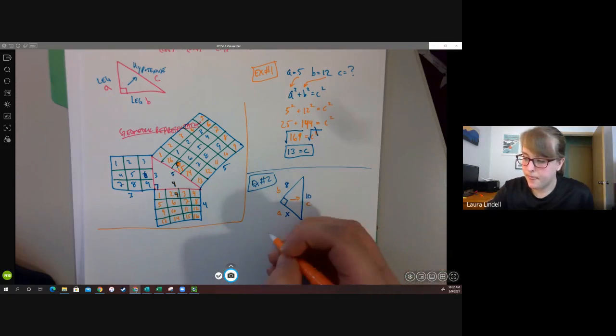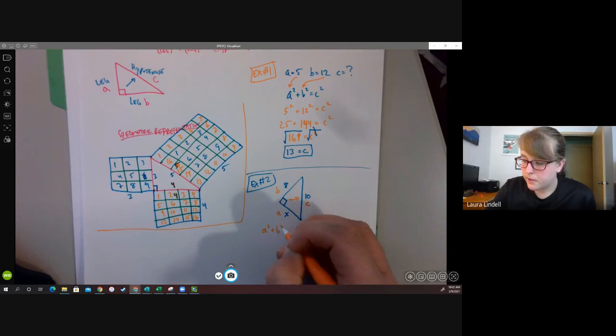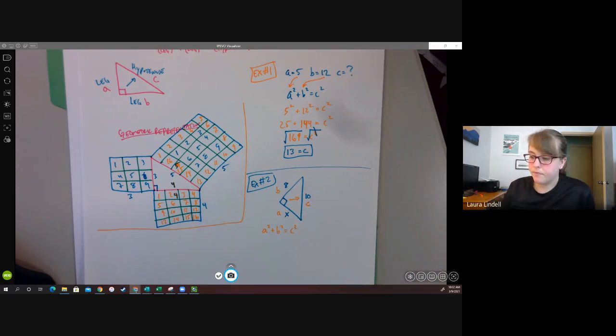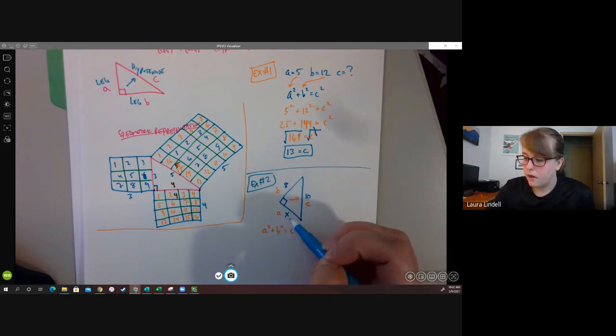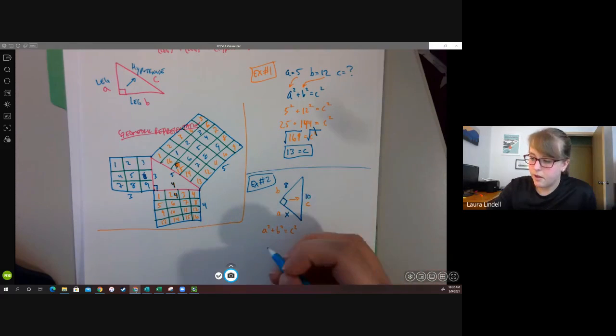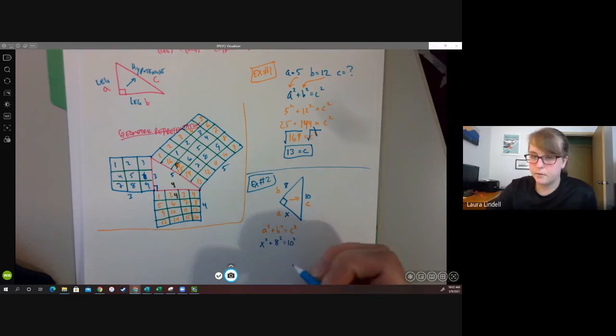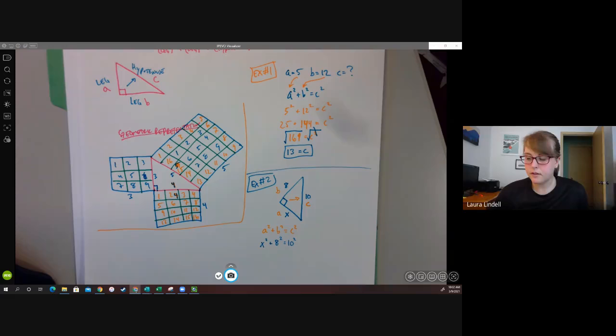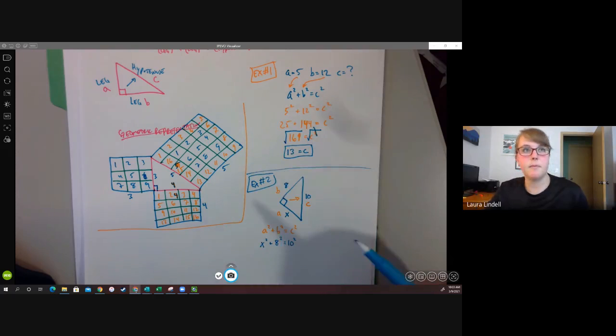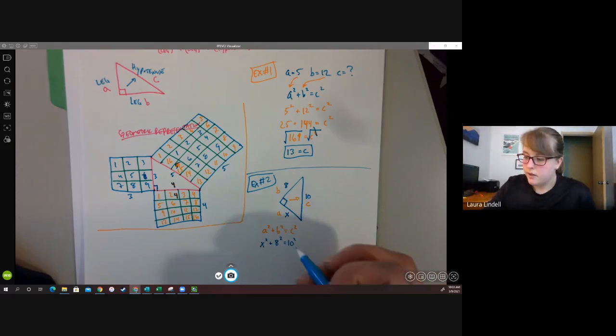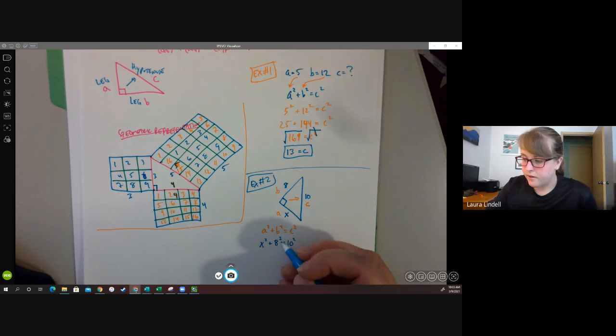So then, with A squared plus B squared equals C squared, I'm going to replace each of these values with ones from my triangle. So X squared plus 8 squared equals 10 squared. And then we're going to solve this just like we would anything algebraic, just like we did up here. So we start by squaring the things that can be squared.